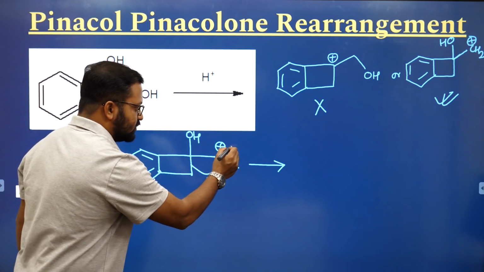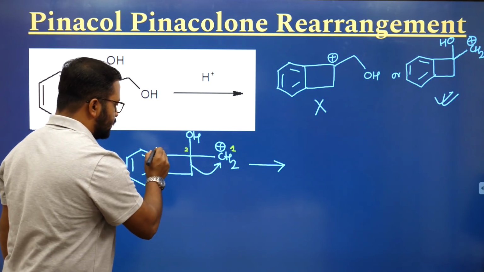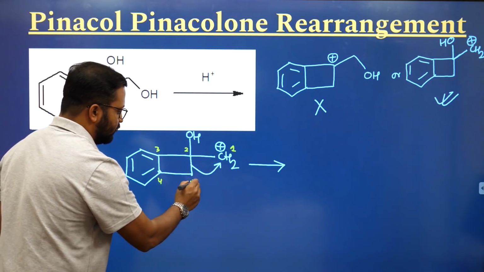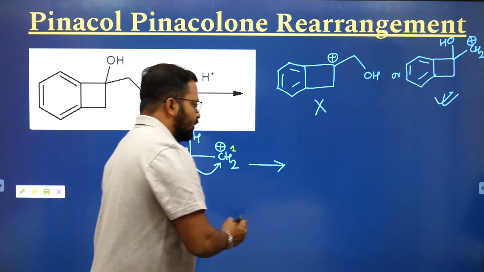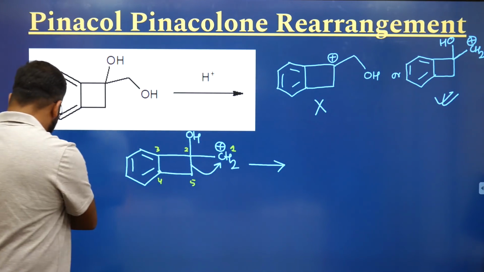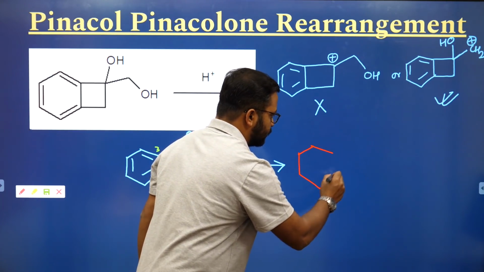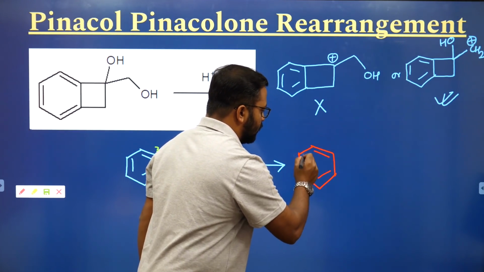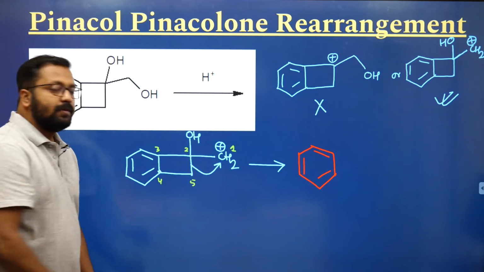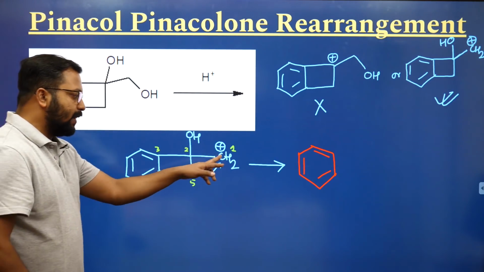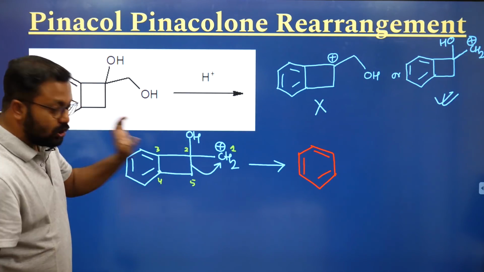Let's label this as 1, 2, 3, 4, 5. Which bond should I be breaking so as to form a bond between 1 and 5? I should break the bond between 2 and 5.